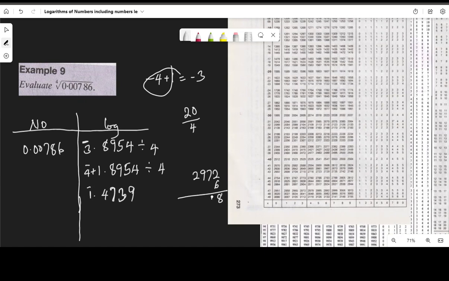That is 8, 7, 9 and 2. I have 2, 9, 7 and 8. I will have bar 1 here, so I'll have 0.2978 as my final answer.